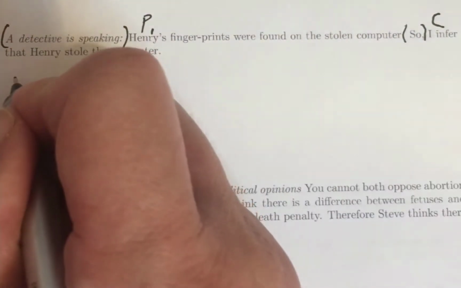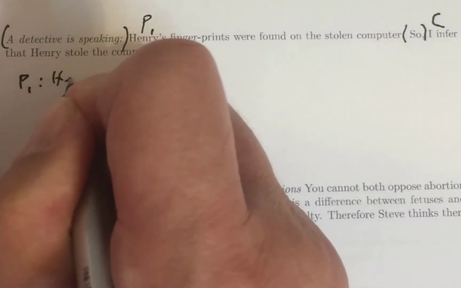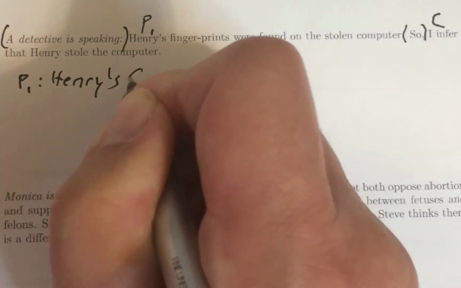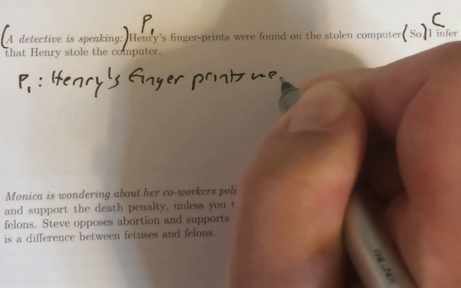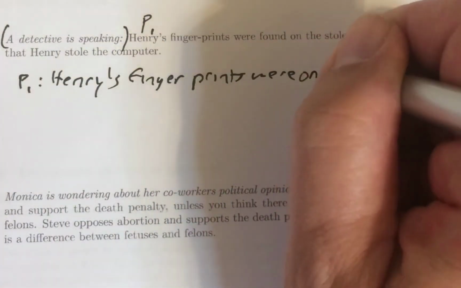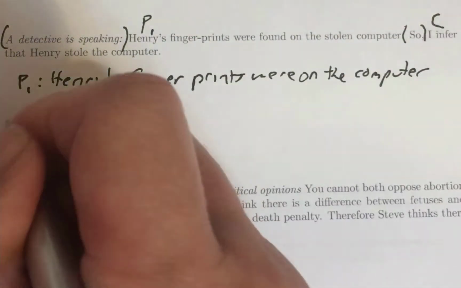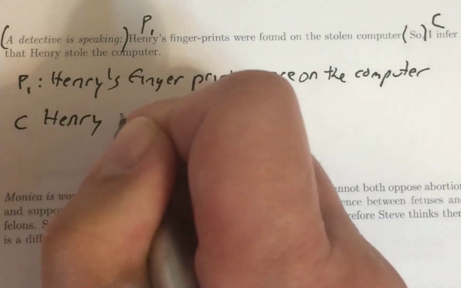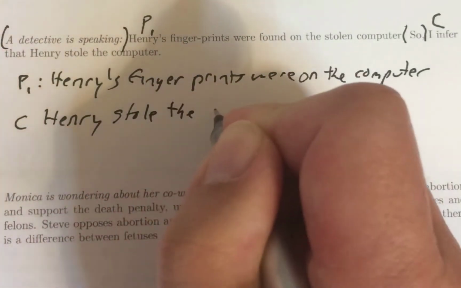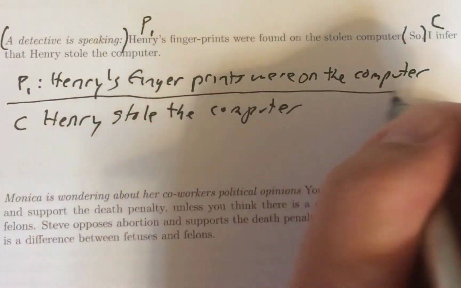So when we write it in canonical form, we just do this. P1, Henry's fingerprints were on the computer. And then conclusion, Henry stole the computer. And you draw a line through here.